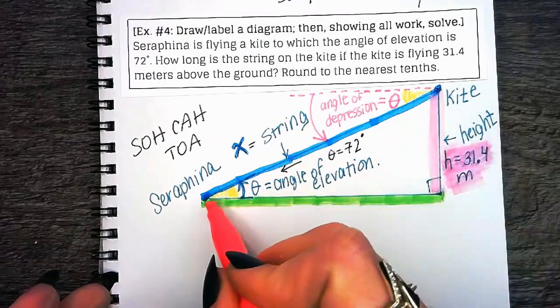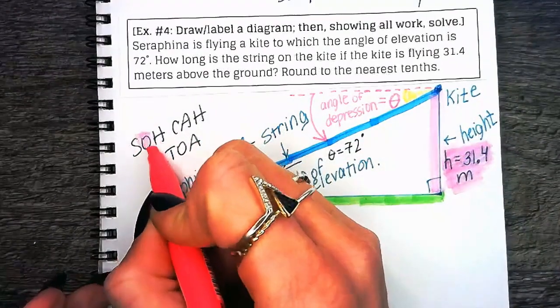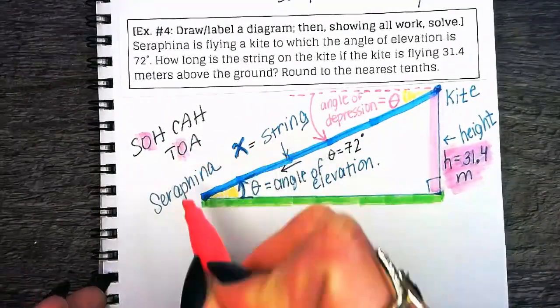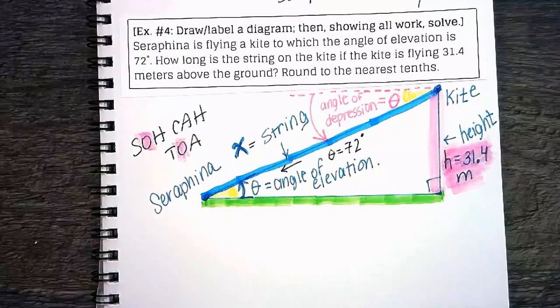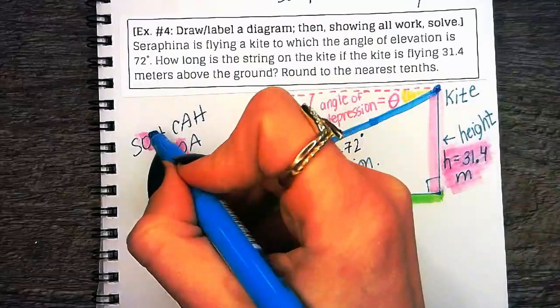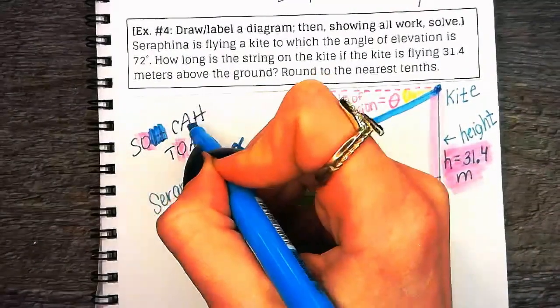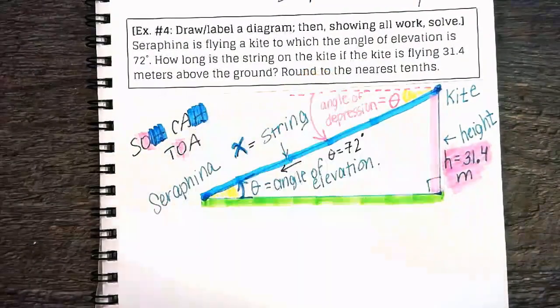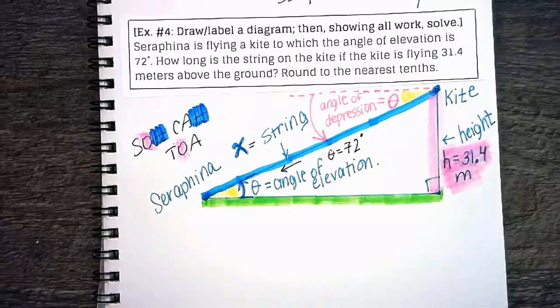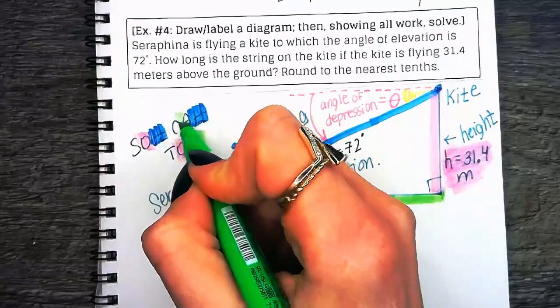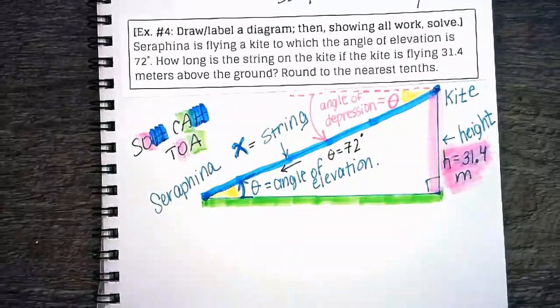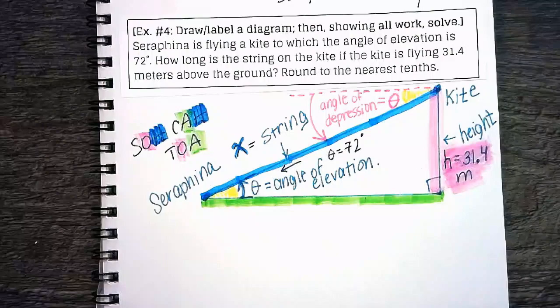h is the opposite side. The height is the opposite side. We do have that one. The string is our hypotenuse. The green side is adjacent to the angle we're working with. I don't have the adjacent side.